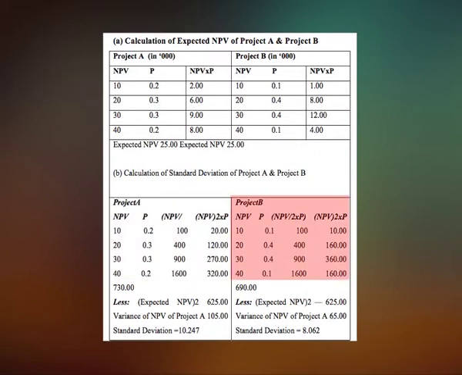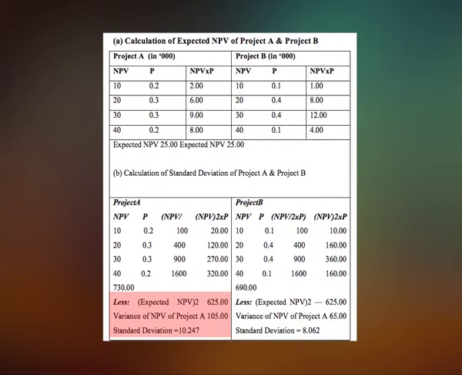The total is 730, minus expected NPV squared, which is 625.